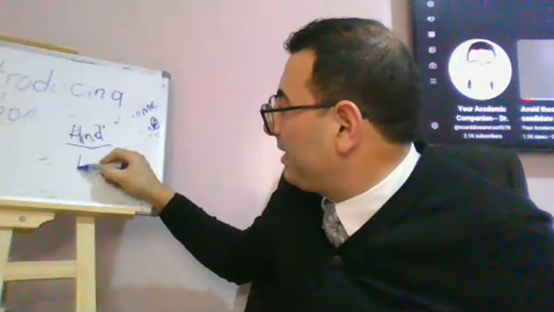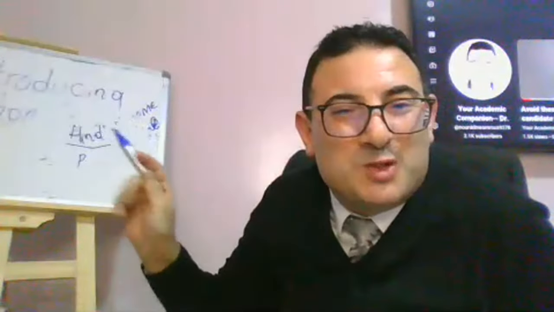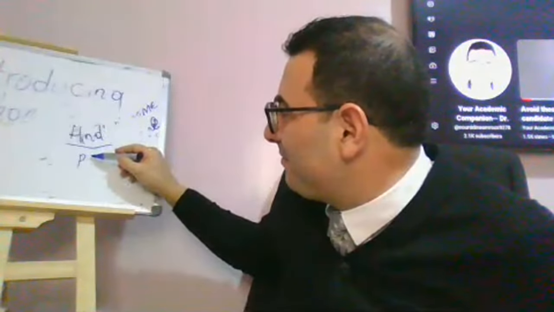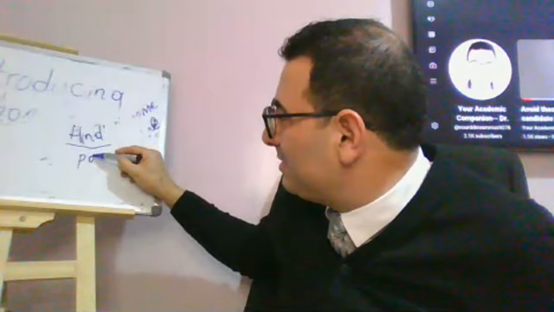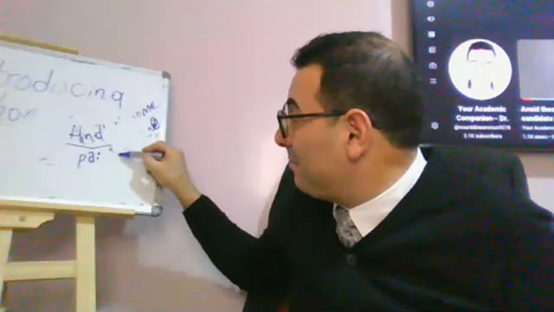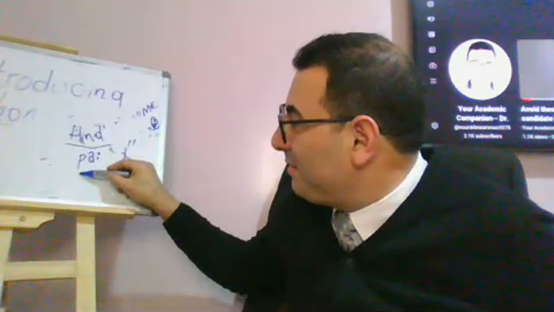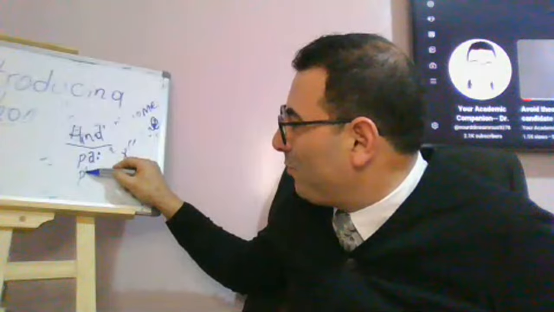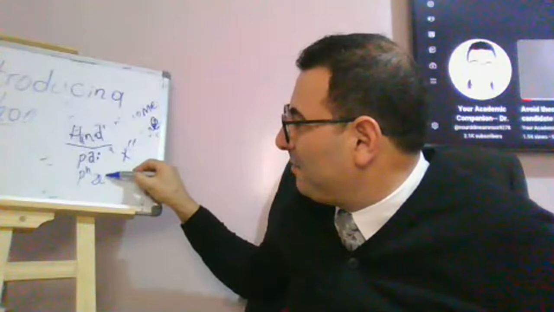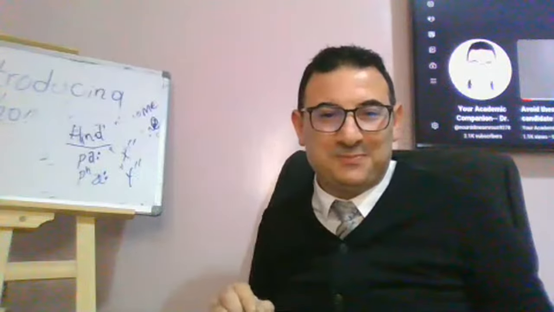There is a word like this, but I don't know what it means, honestly. I think it's shoes or something. Okay. There is this, something like this. Pa, it means X. And you have the other one that is aspirated, ba, it means Y.